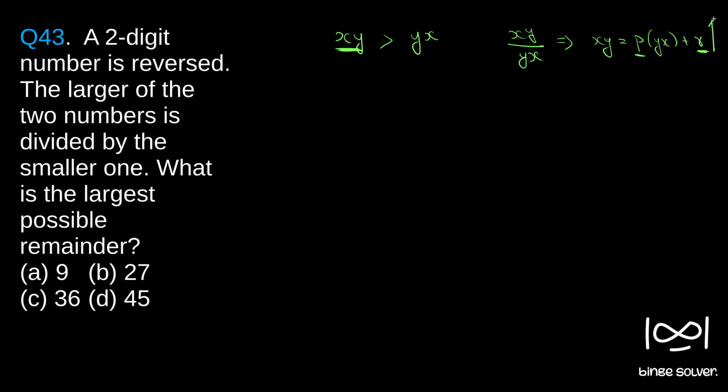We need to find xy and yx such that this remainder r is the largest, when we divide the larger number by the smaller number. If we look at this equation, xy is equal to p into yx plus r, we can make some inferences.